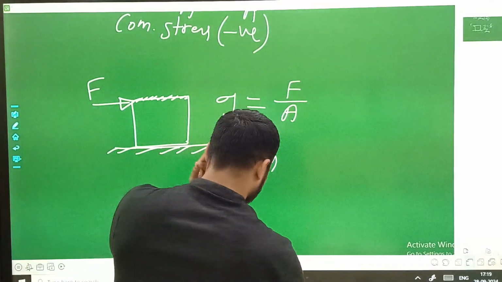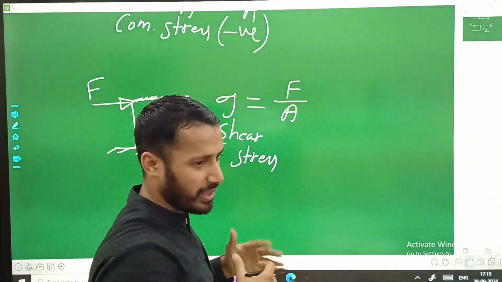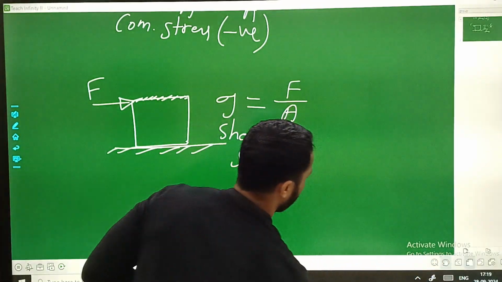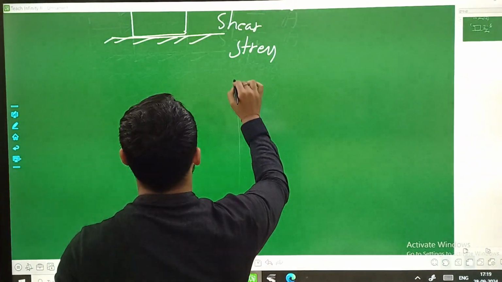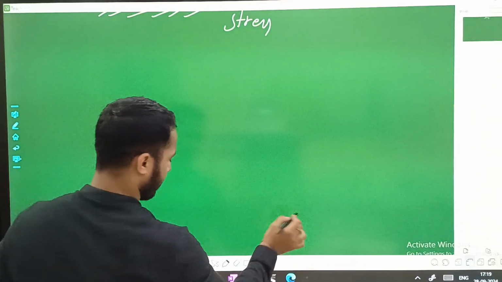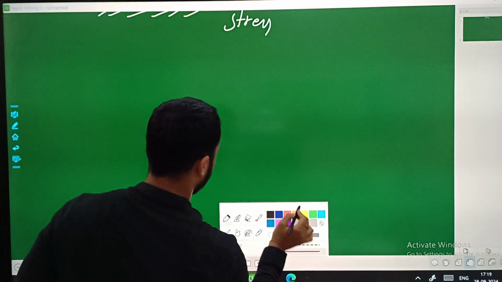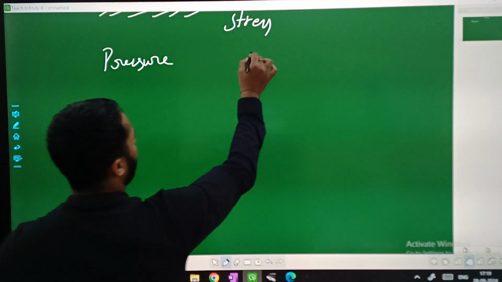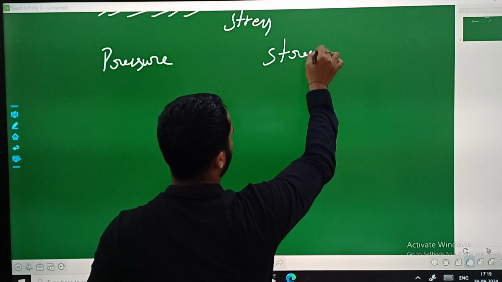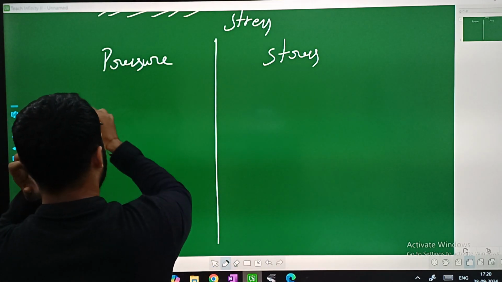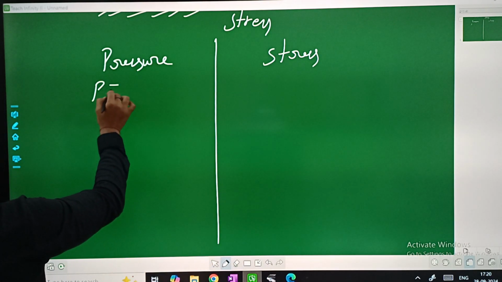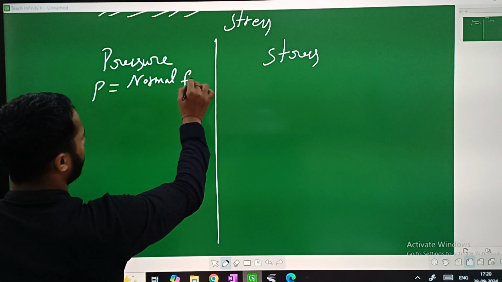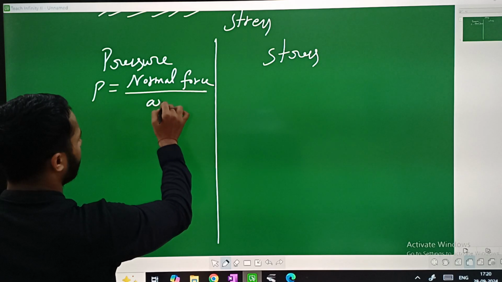So now these three types of stress we have studied so far. Now we are able to compare the pressure and stress, my dear. Please see here. Now I am writing here pressure and here stress. Okay. So the very first thing, pressure is always defined as normal force upon area.